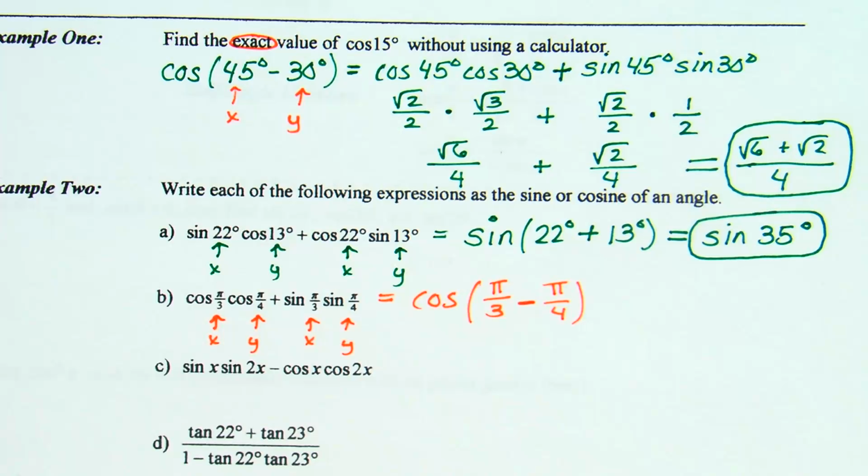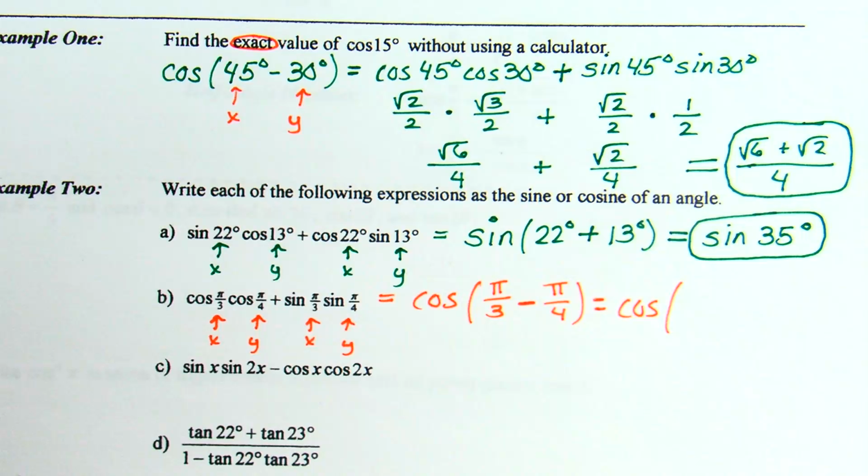Now, you don't get to stop here. I want to know what is pi over 3 minus pi over 4. So my question to you becomes, how do I subtract fractions? Common denominator. This is not trig. This is middle school, maybe even elementary. What is the common denominator between 3 and 4? 12. So I'm going to think of these as 12ths.